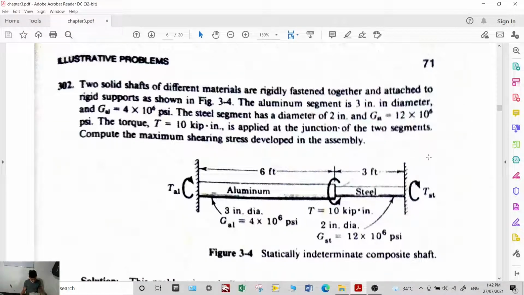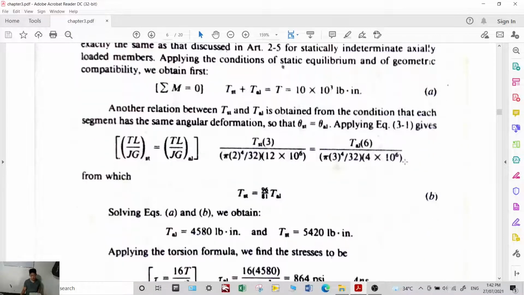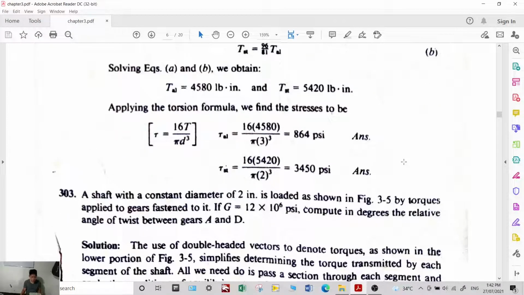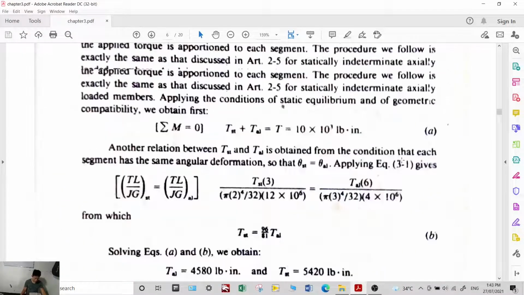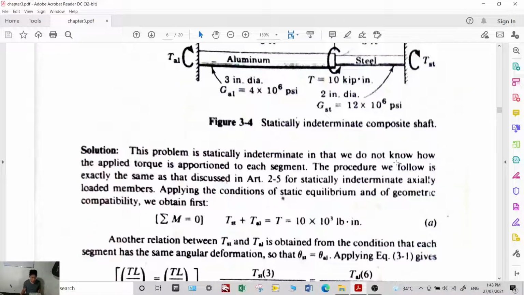Okay? If you recall, the equation for the shearing stress or torsional stress for a circular shaft is equal to torque times the radius over J, the polar moment of inertia. For a solid shaft, this is equivalent to 16T over pi d cubed, or also equal to 2T over pi r cubed.